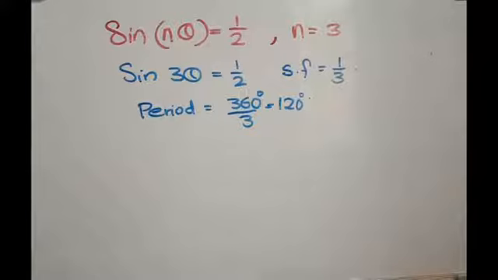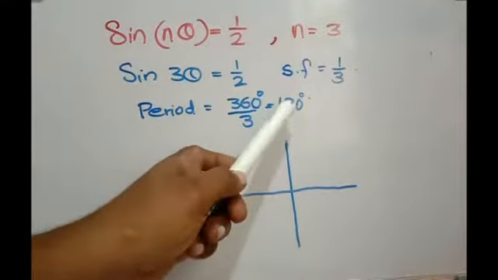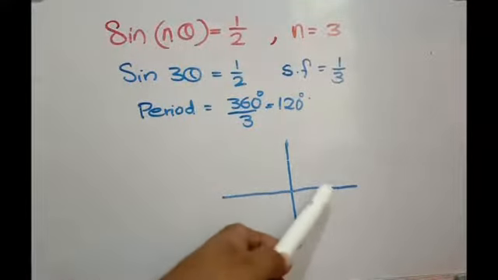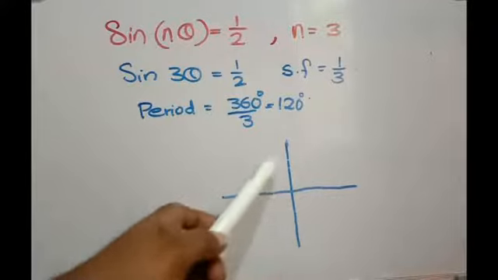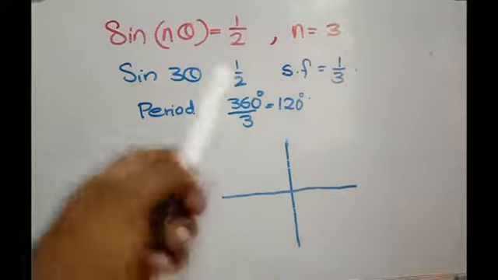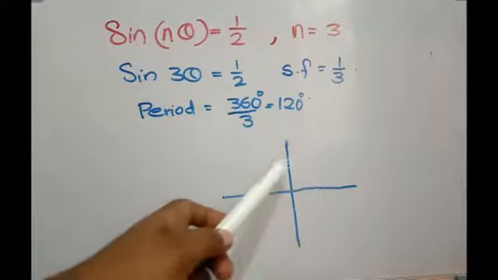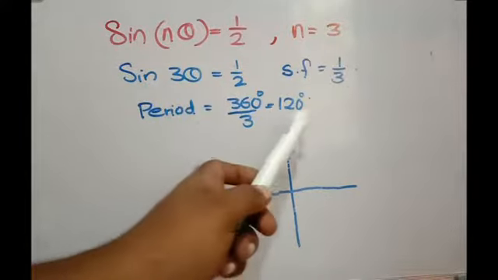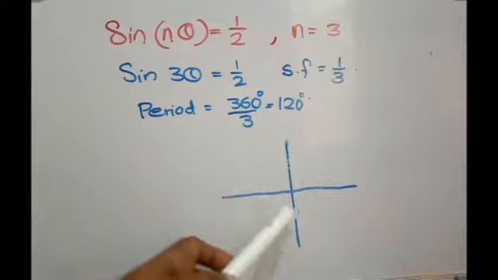Now we can use either the graph or a simple method. The simple method, in the sense, is using quadrants as I showed in the previous question. I'll show you with quadrants how to find the answer. Look, as the period is 120 degrees, this complete rotation makes 120 degrees. When the period is 360 degrees, a complete rotation makes 360 degrees.